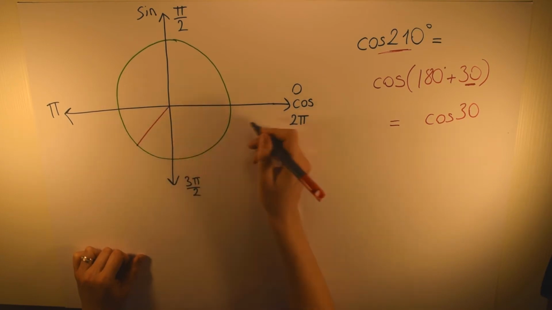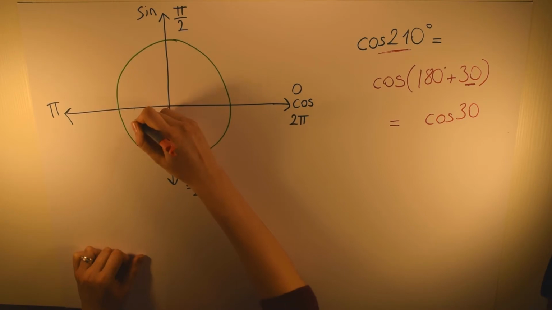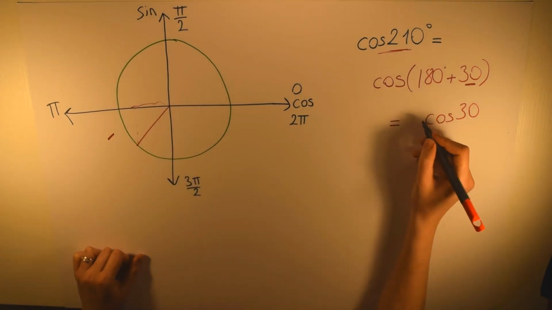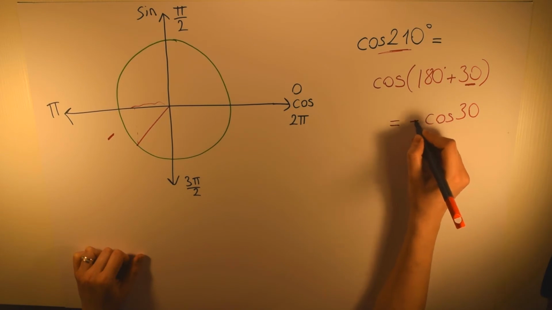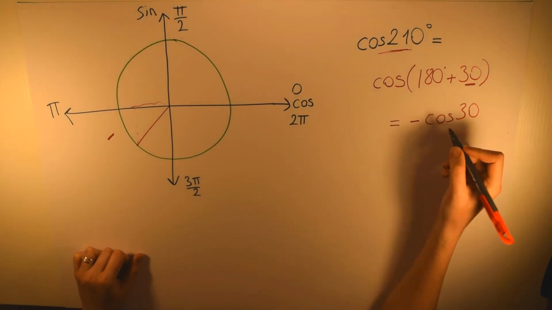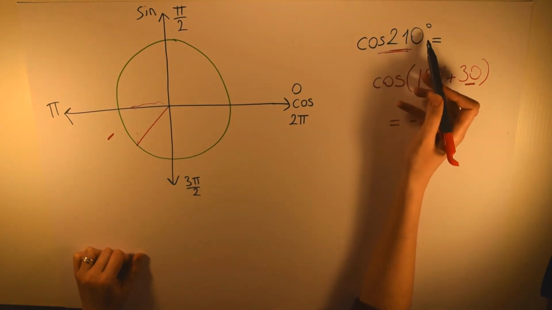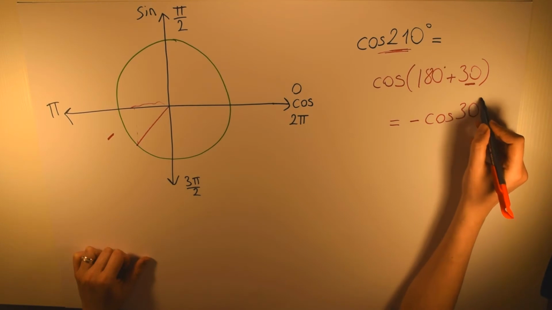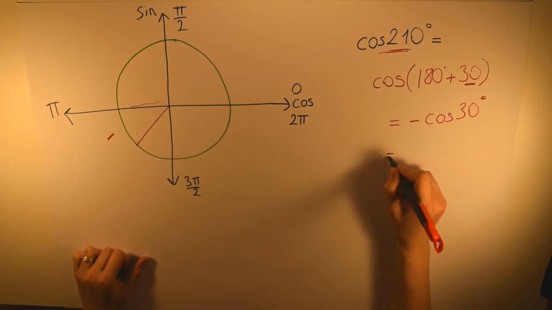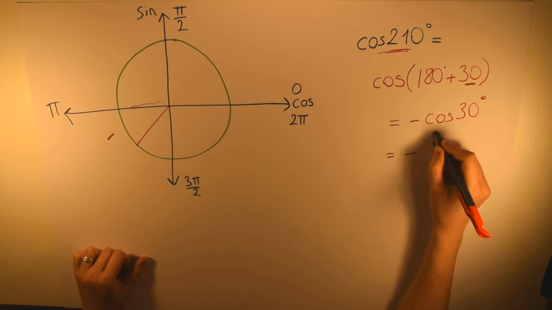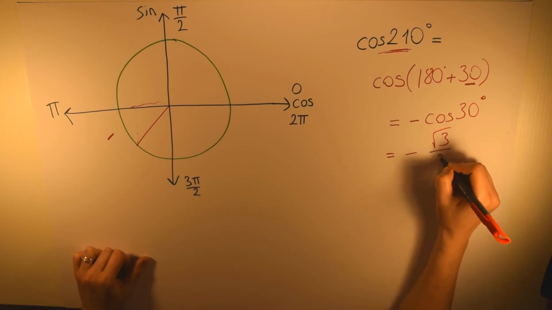Our cosine line is on the negative side, which means it is negative: minus cosine 30. So instead of cosine 210 degrees, I can write minus cosine 30 degrees, which is equal to, I know that cosine 30 degrees is equal to square root of 3 over 2.